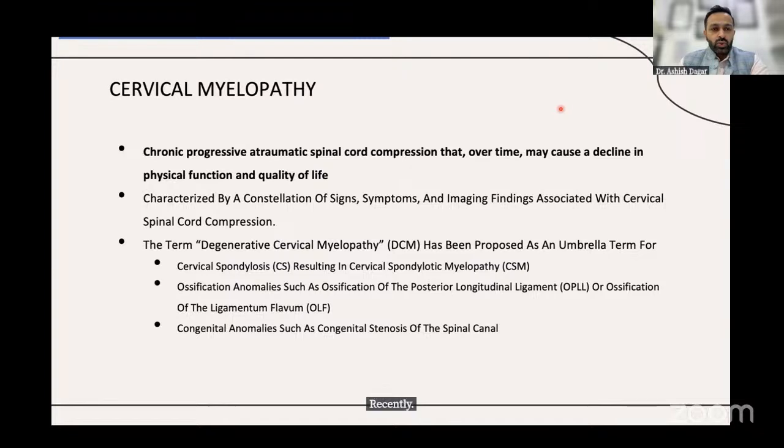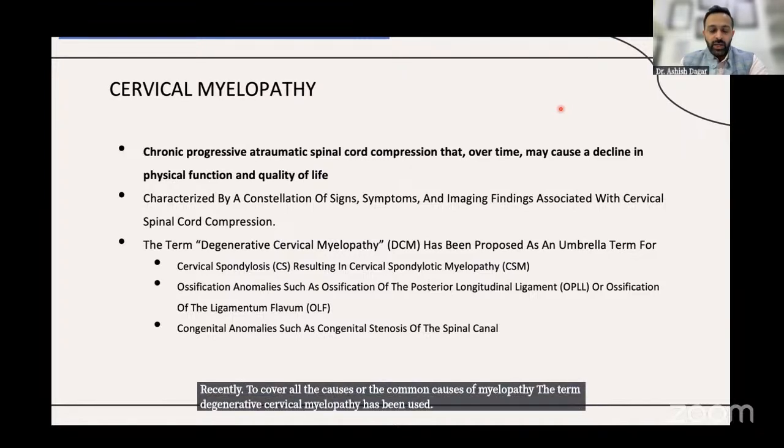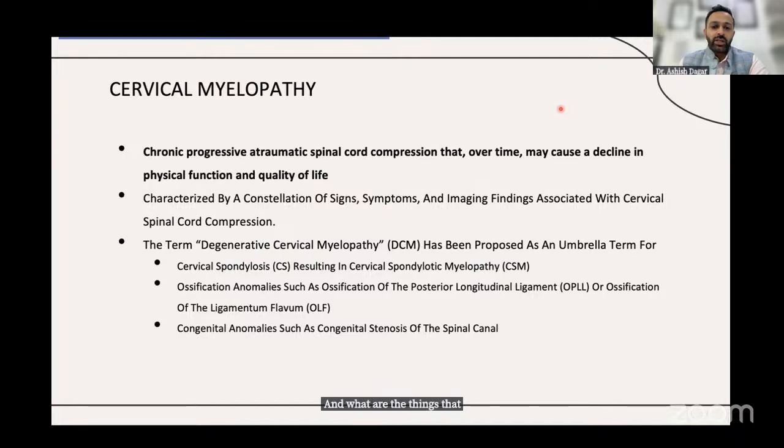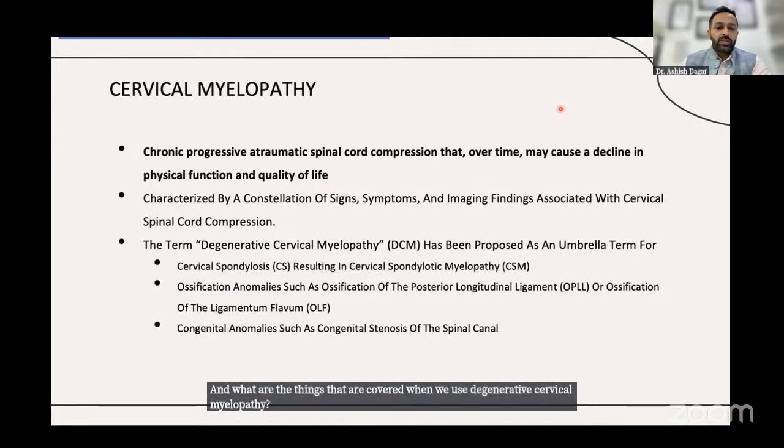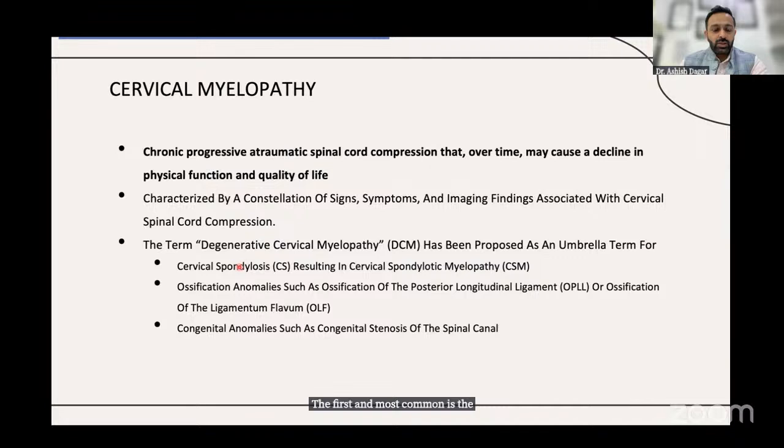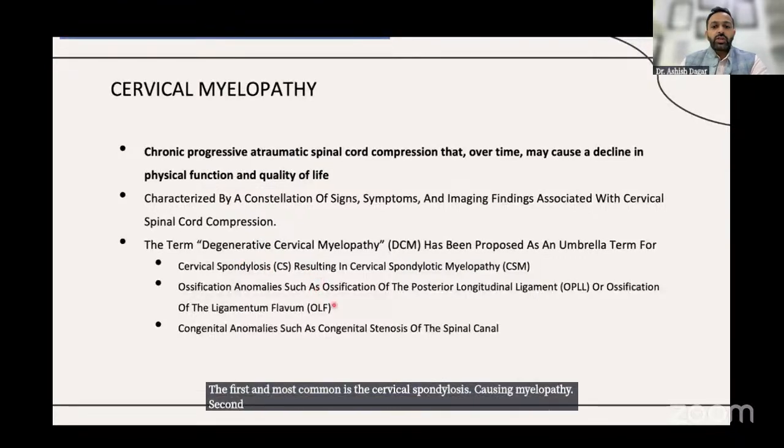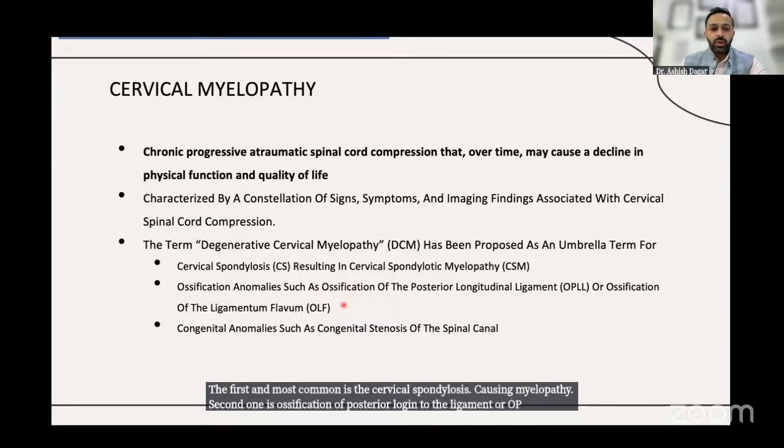Recently, to cover all the common causes of myelopathy, the term degenerative cervical myelopathy has been used. And what are the things that are covered when we use degenerative cervical myelopathy? The first and most common is cervical spondylosis causing myelopathy. Second is ossification of the posterior longitudinal ligament, or OPLL, or the ossification of the ligamentum flavum.